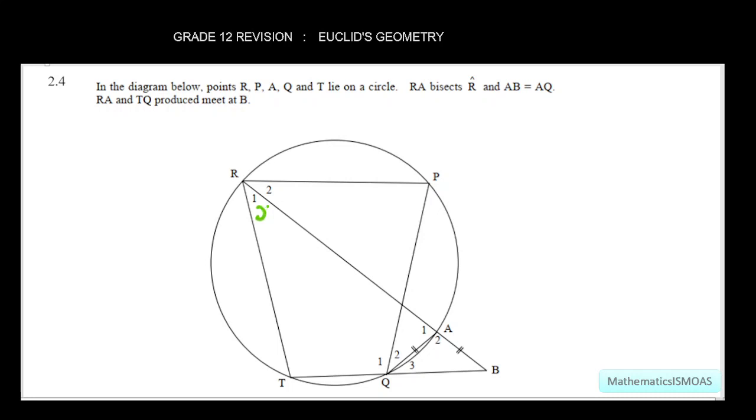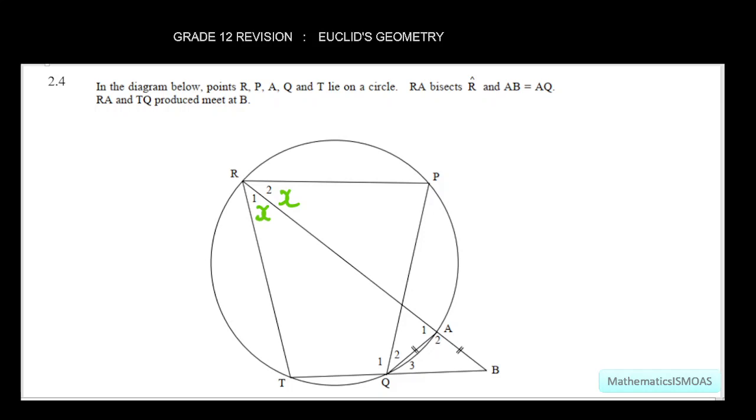Therefore, if R1 is X, R2 will also be equal to X. So we will let R1 and R2 represent X, so that we can remember that those two angles are equal.